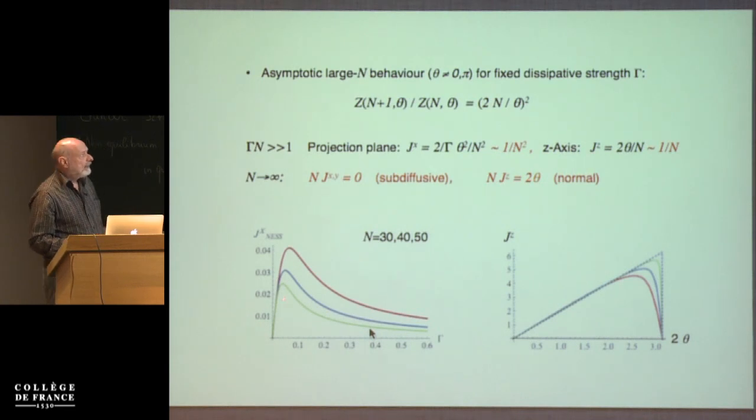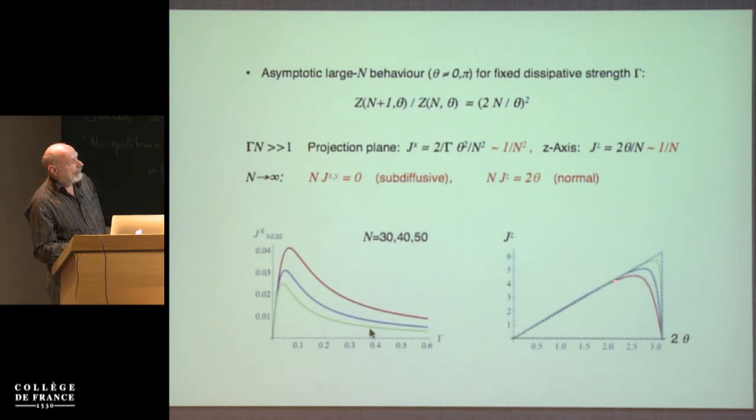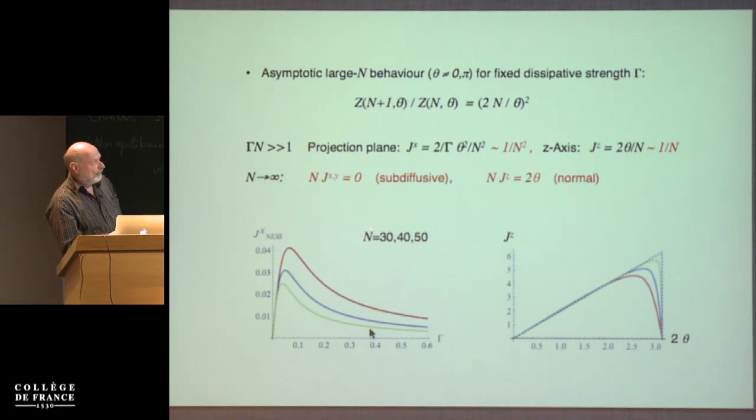And here just some pictures. Here you can see the x current as a function of gamma. So it goes down like 1 over gamma, as predicted, for different n. And here you see the z current as a function of the twisting angle, again for the same set of values of n, and 50 is the green curve.